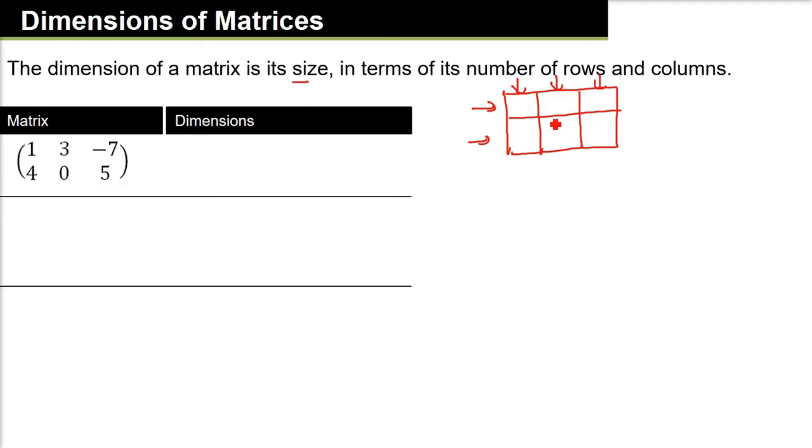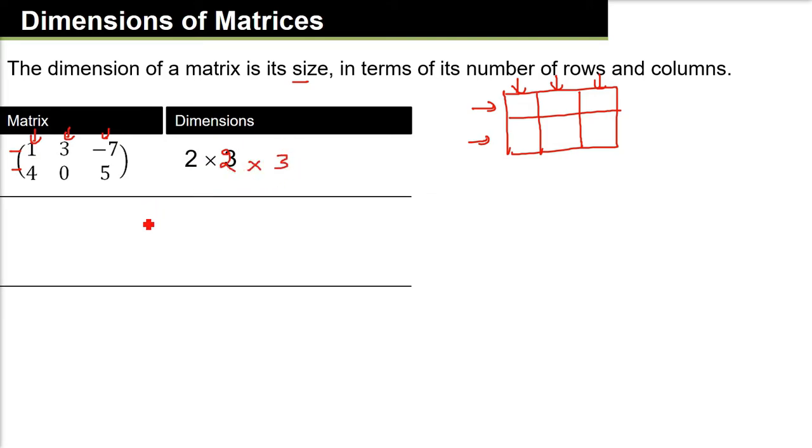So just put 1, 3, -7 in the first row, 4, 0, 5 in the second row. For example, here you see there are 2 rows and how many columns? 1, 2, 3 columns. So the dimension of the matrix will be 2 cross 3.